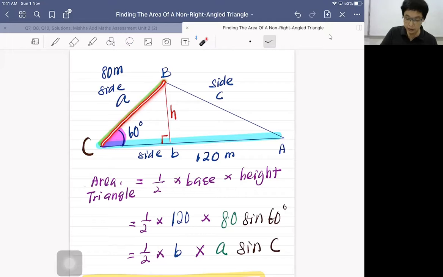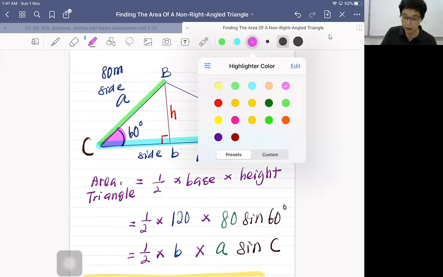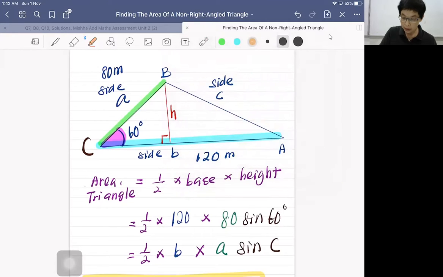This side is opposite to angle A, so we name this side A. This is angle B, and the side opposite it we call side B. Let's put in a little highlight to help you see them easier. This is side B, this is side A.